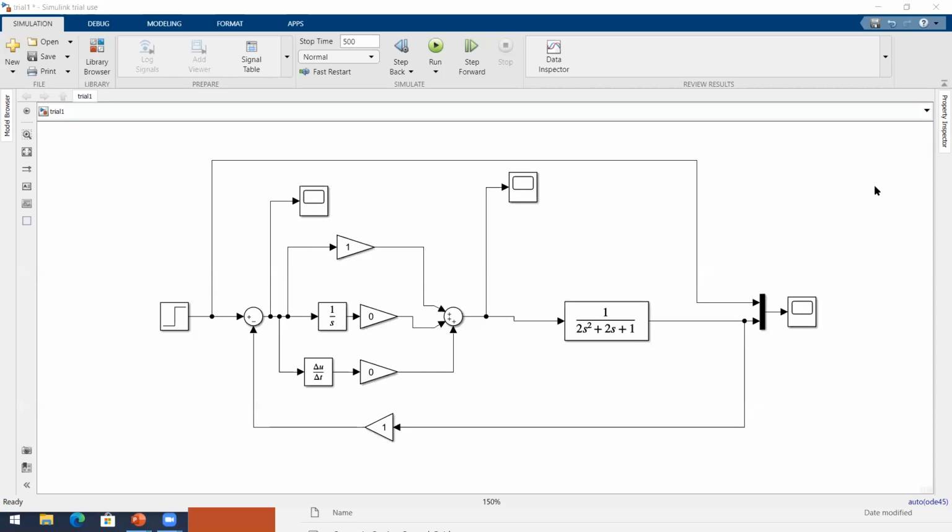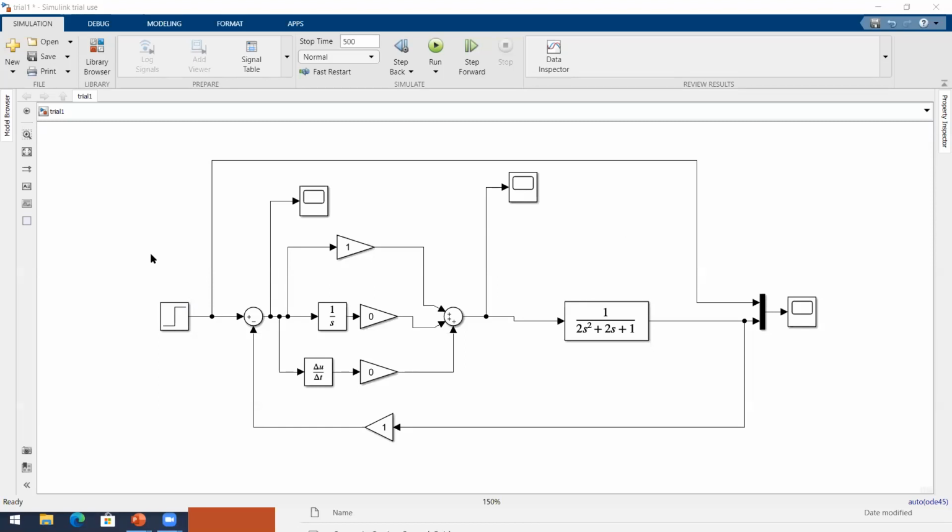So here, can you see this Simulink window? Okay. So here, I'll come from left to right. This is the step input. What do you mean by step input? It's like an incremental input.